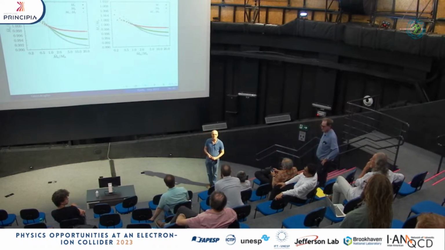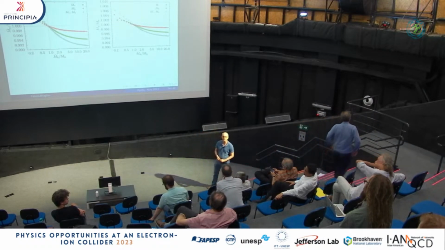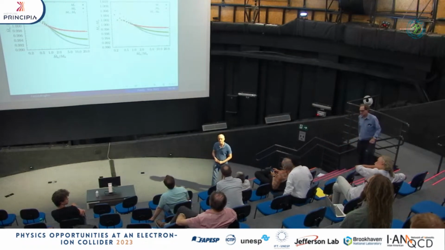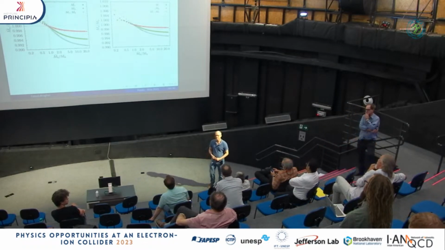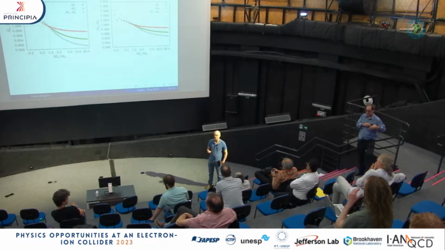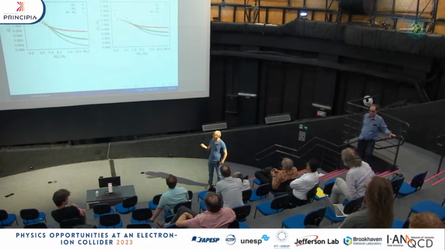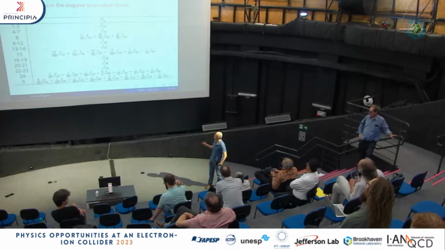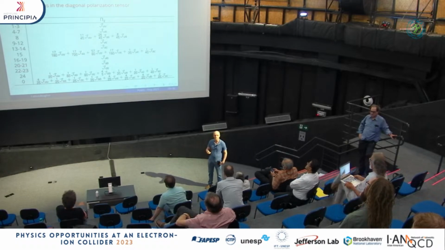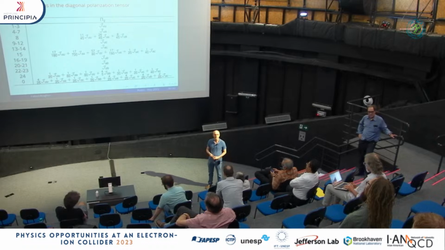Nice work. So can you say anything about exotic states like tetraquarks and pentaquarks? Yeah, I didn't calculate any of them, but of course, this sort of mixing will certainly show up. This sort of mixing certainly will appear, and they are expected.